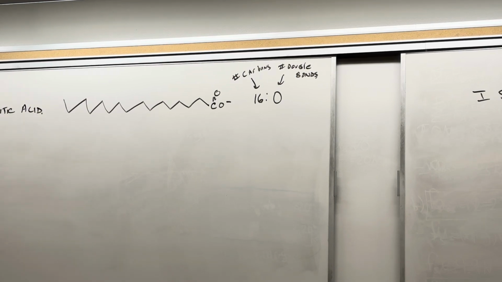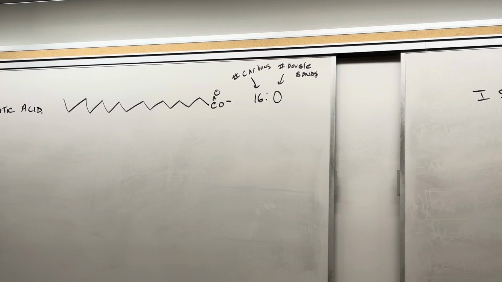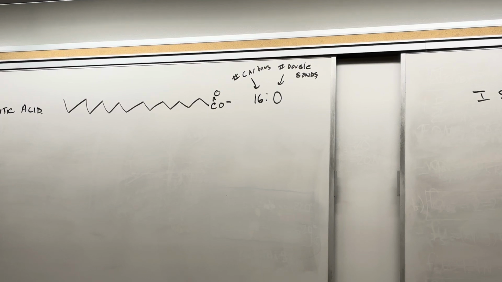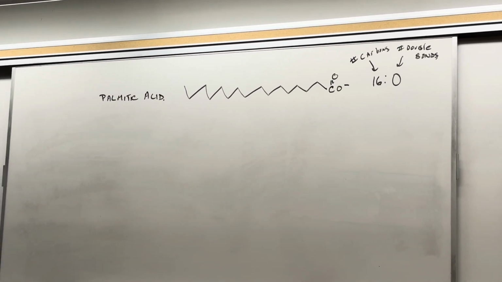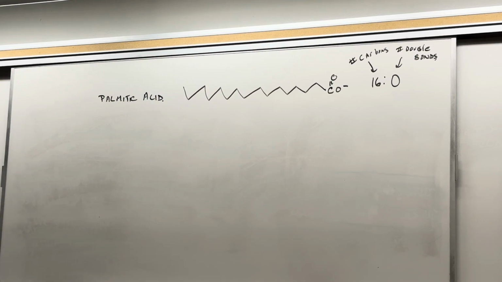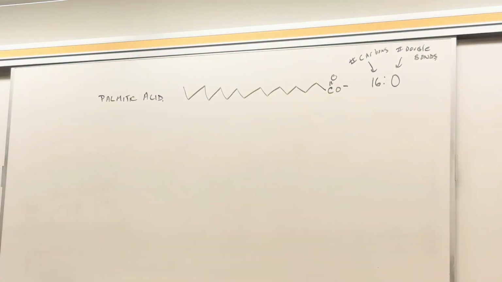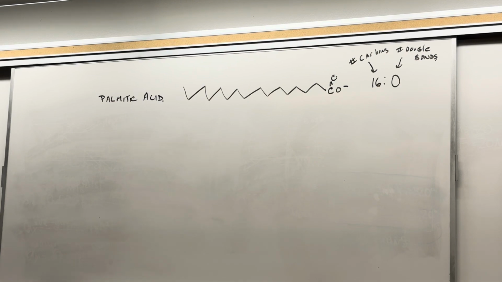I wrote it as palmitate, but I'm going to stick with palmitic acid because that's what people tend to use more often than palmitate. It has that name because in the triglycerides of palm oil, you tend to have a lot of this 16 carbon fatty acid. Because this molecule doesn't have any double bonds, it's known as a saturated fatty acid.